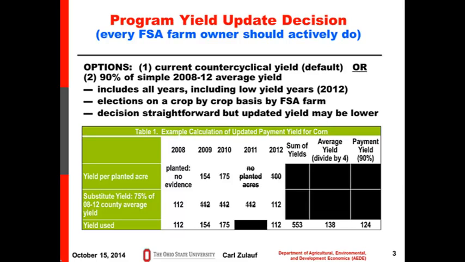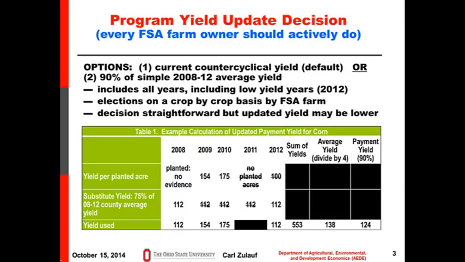For example, in this particular situation, if you look at the year 2012, the actual yield that the farmer had in this situation was 100 bushels an acre. And this is per planted acre, not on a harvested acre basis, and that is less than the 112 substitute yield.